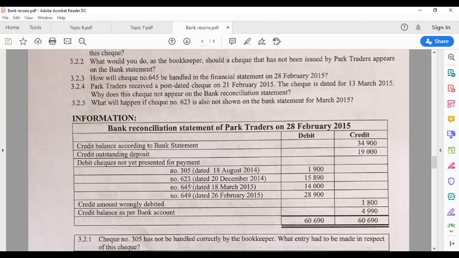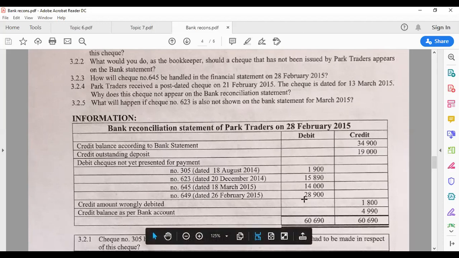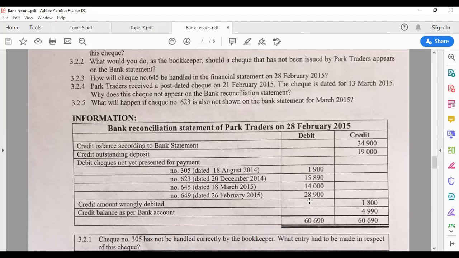So the bank needs to take this into account to say, on these dates, these checks will be cashed in for payment. So therefore, I am deducting your account with us with these amounts.